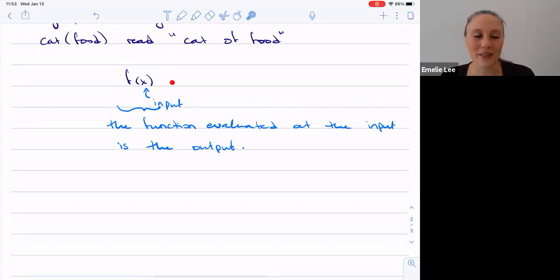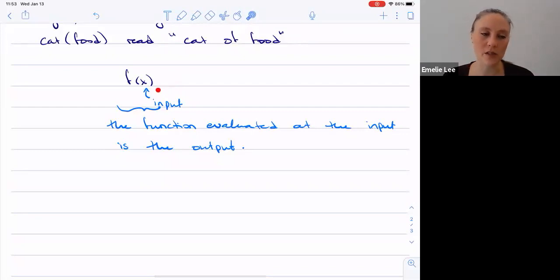One connection that took me a while to make, and if you've already figured it out, that's great, but whenever you see f of x, you can just as well read it as y, right?